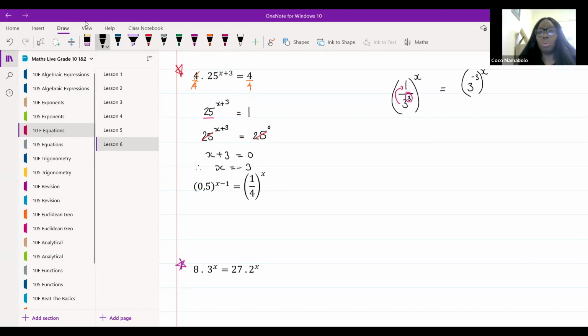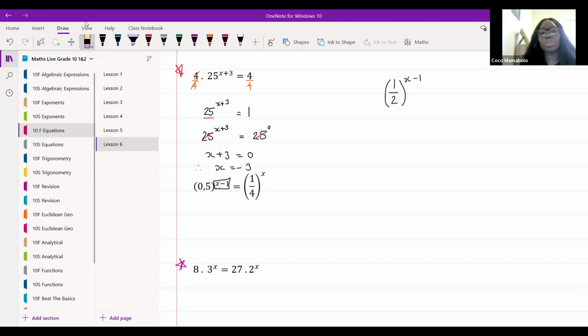Okay, so if you look at it over here, let's start with 0,5. We said 0,5 can be written as a fraction. We can rewrite 0,5 as 1 over 2 because 0,5 is the same thing as a half, but that half is all to the power of x minus 1.